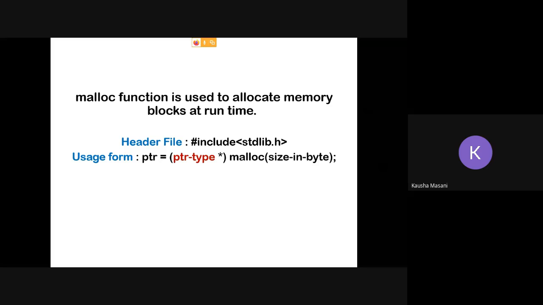No guesses also? I'm not expecting any right answers, and it is not a very tough question. It is a logical question. Why are we writing ptr type star in front of malloc?